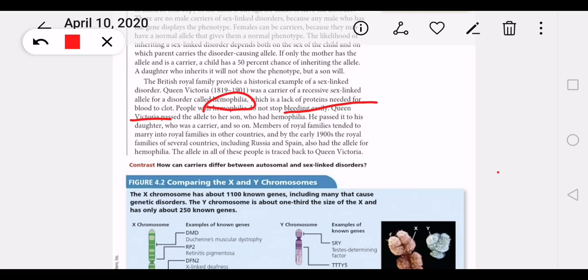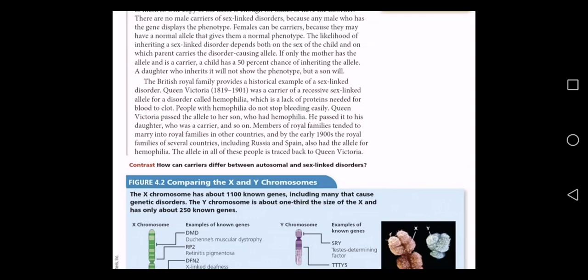Now, the British royal family, the family that rules Britain, has a history and a very excellent example of sex-linked disorder, from Queen Victoria. Queen Victoria, born in 1819, lived until 1901, and was a carrier of a recessive sex-linked allele for hemophilia.